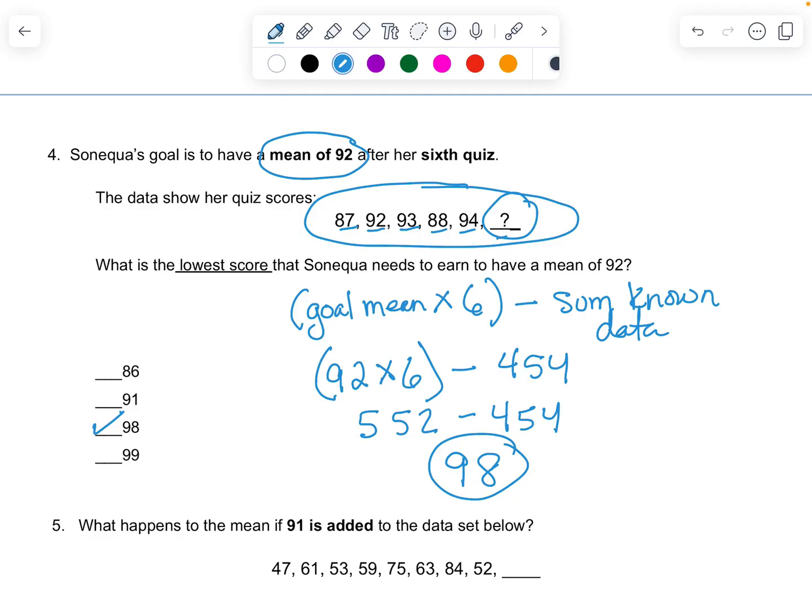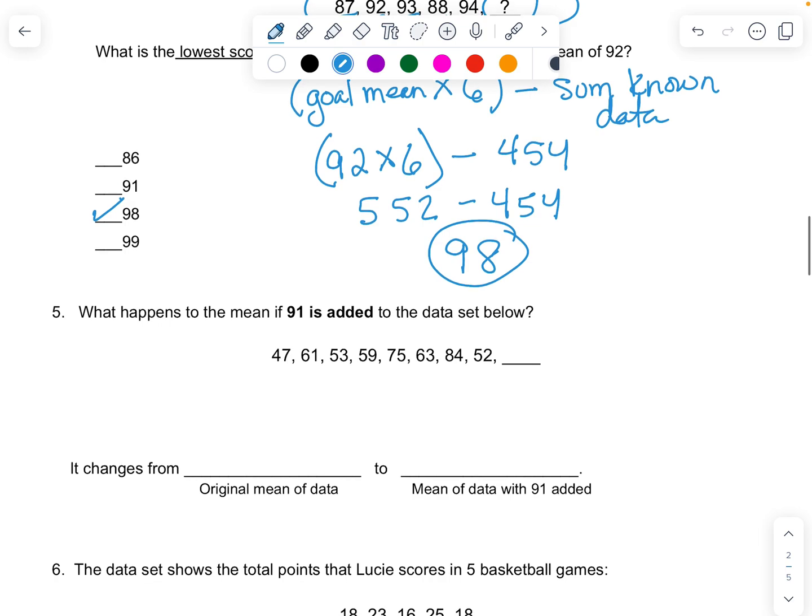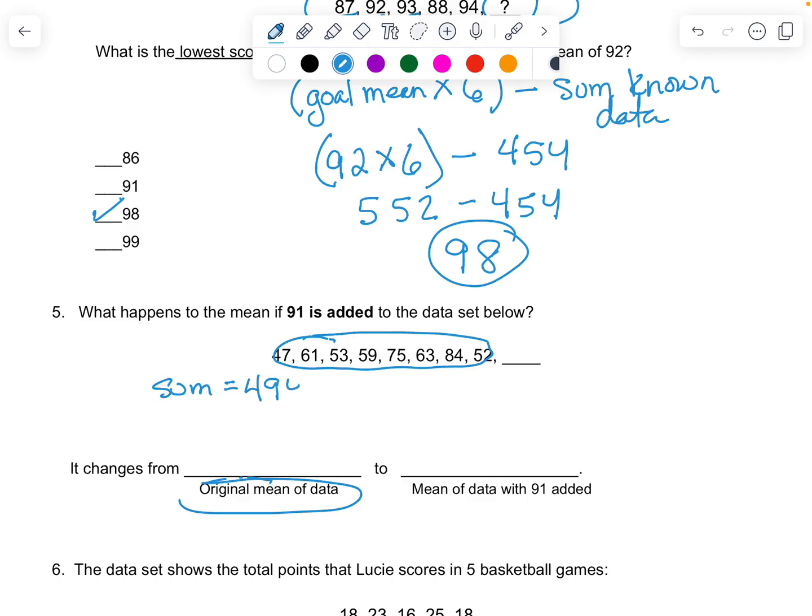Okay, on to number 5. What happens to the mean if 91 is added to the set below? So first you had to find the original mean. So add all these together. The sum of those was 494. And there were originally 1, 2, 3, 4, 5, 6, 7, 8 pieces of data.